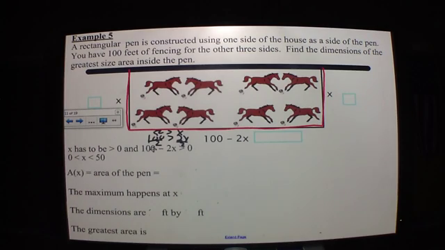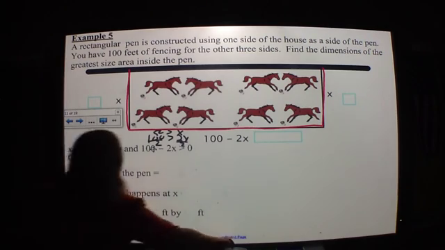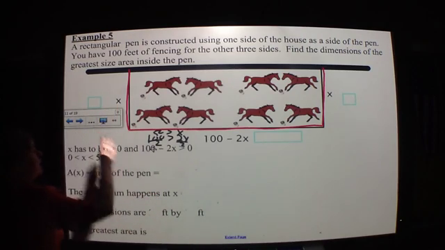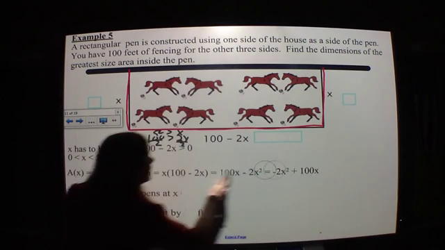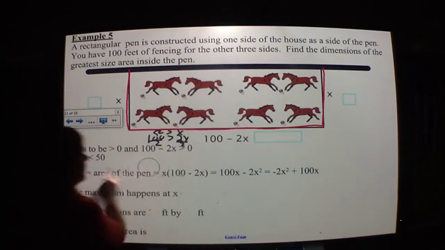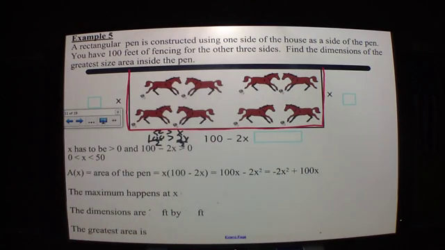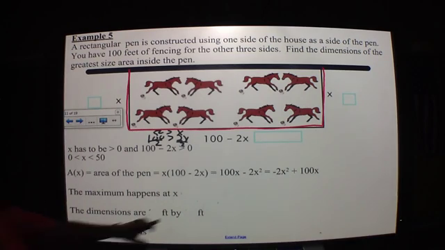Area of the pen, remember, is length times width. The length and the width are x and 100 minus 2x. So I multiplied it out, and then I put it in the order ax squared plus bx plus c. And remember, if you draw this out, it's a parabola. The maximum or minimum point is at the vertex.